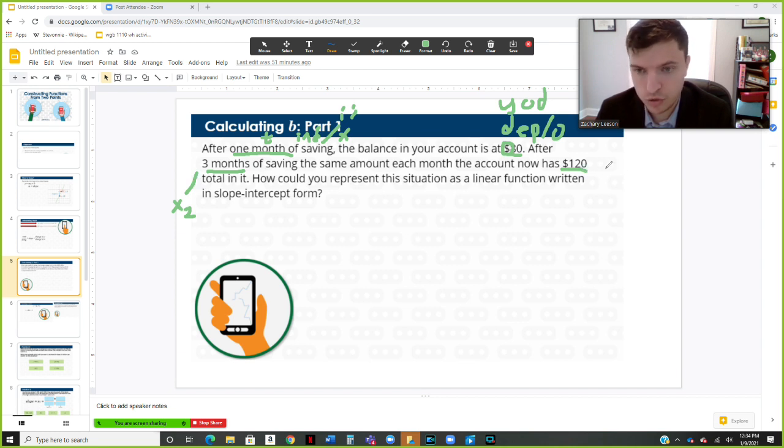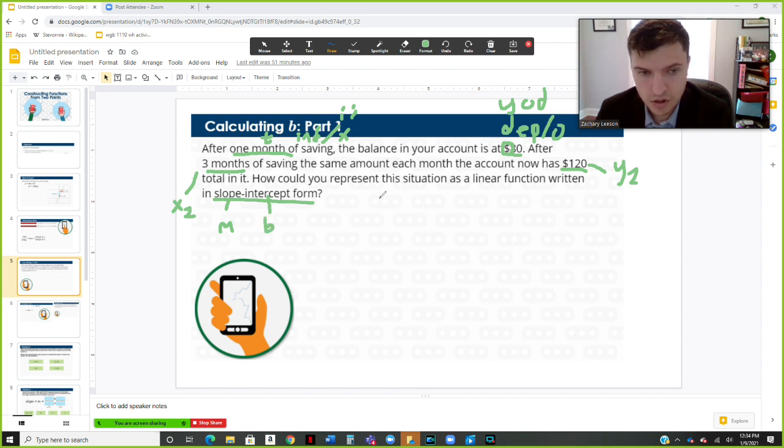That's another y value, so I'm going to call that y sub 2. It's associated with these 3 months. So it says, how could you represent this situation as a linear function written in slope-intercept form? So slope, that's m, and the intercept variable there is b.